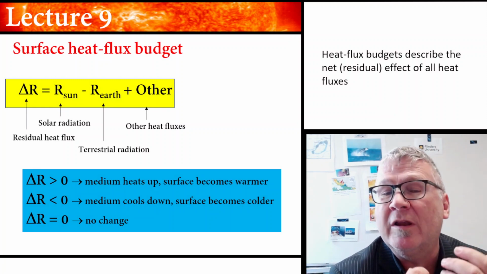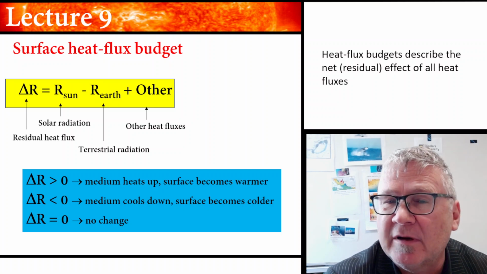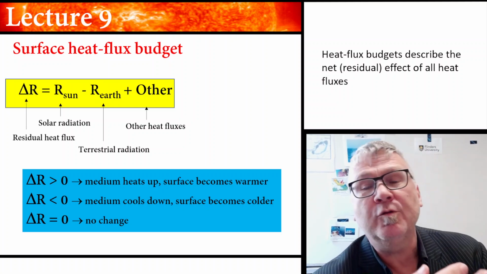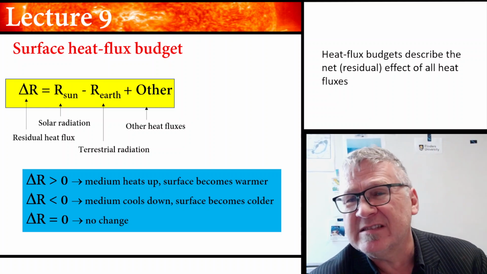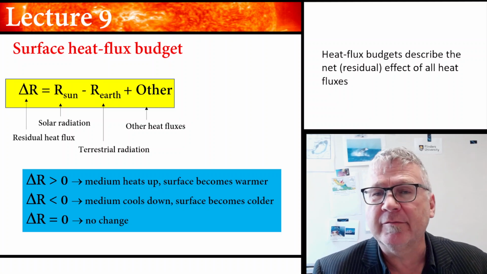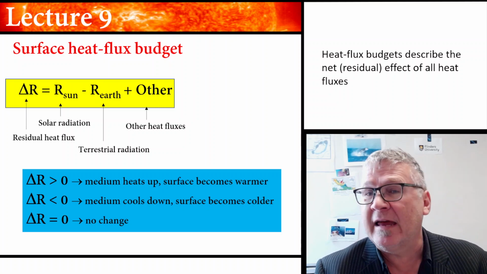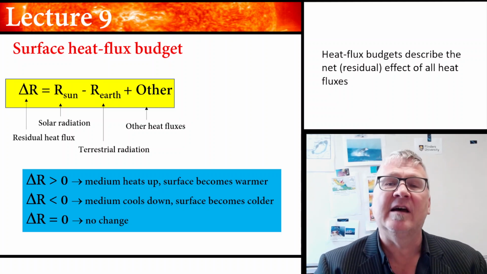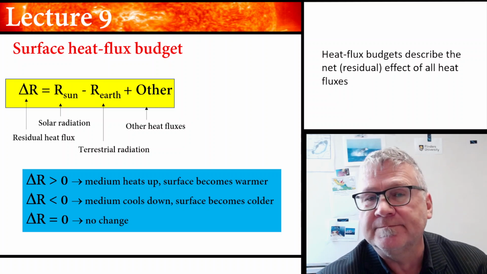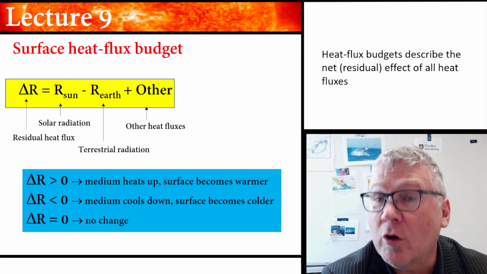So first of all, we look at the surface heat flux budget. Okay? Because what we want to know is what are the consequences if some component of the energy fluxes changes. For example, you change the solar radiation. What's the consequence of that?